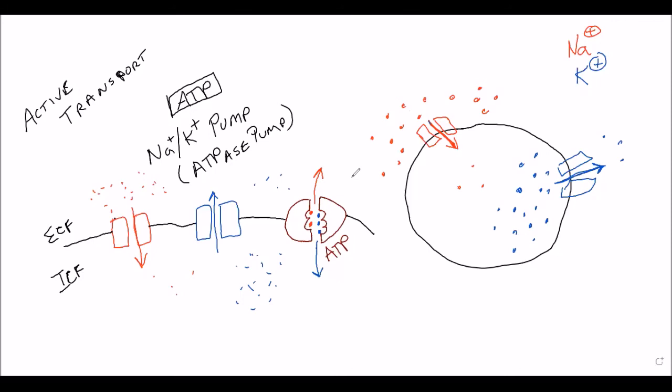No. Okay, let me ask you this. If I have 2 sodiums going out and 2 potassiums going in, what does that do to the charge? It makes it more negative. No. Listen. 2 sodiums going out, and if I had 2 potassiums going in, it would keep it equal. Does that make sense?